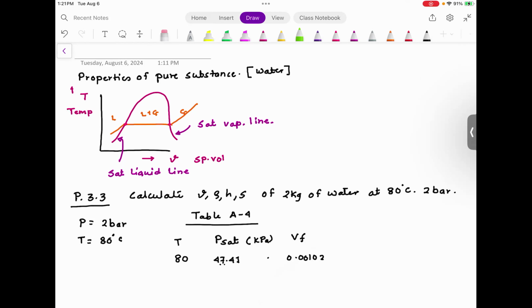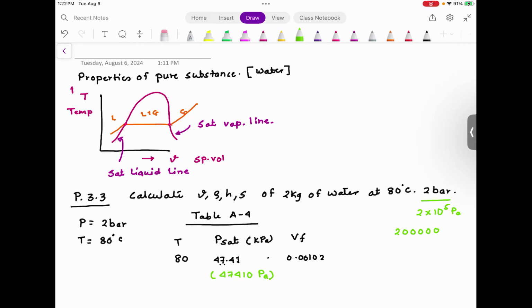Just to give you an idea, this is 47,410 Pascal, and the current pressure, which is 2 bar, is 2 into 10 to the power 5 Pascal. Can you see that the saturation pressure is less than the actual pressure on the liquid, which means it is going to be in liquid state?